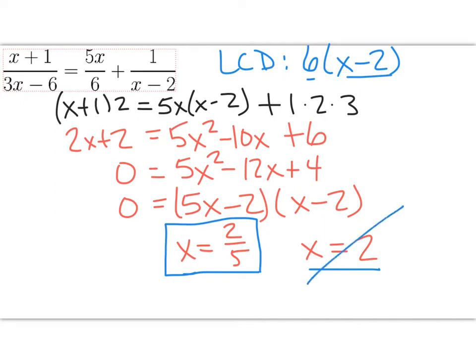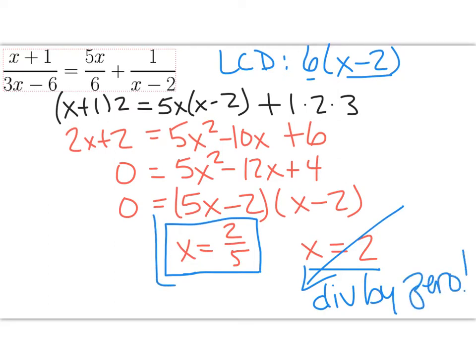So we kill the x equals 2 solution because that is causing division by 0. And the only solution to our problem is 2/5. The only value of x that will make the original equation, which, by the way, if you haven't noticed, is in the top left corner, true is 2/5.